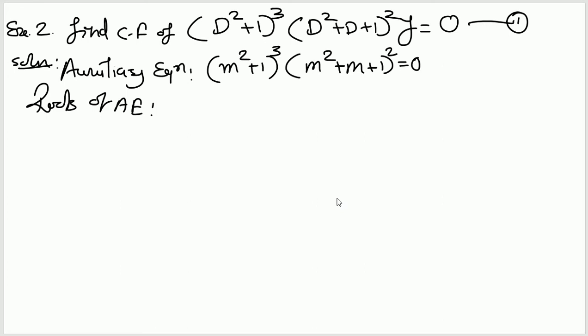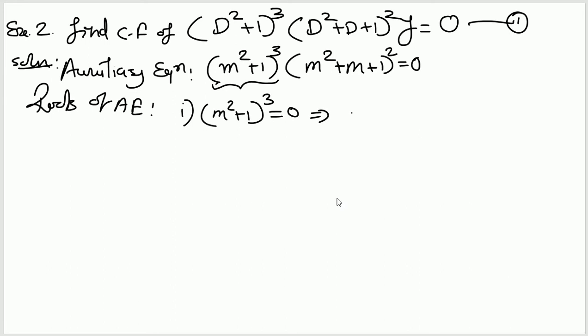Okay, now look at here, we have this first factor here, (m^2 + 1)^3. Whatever the roots for this term, those roots will be repeated thrice. So what are the roots for m^2 + 1? So first consider (m^2 + 1)^3 = 0.